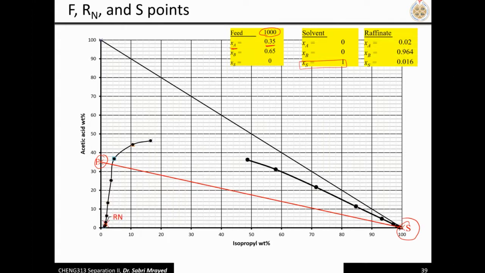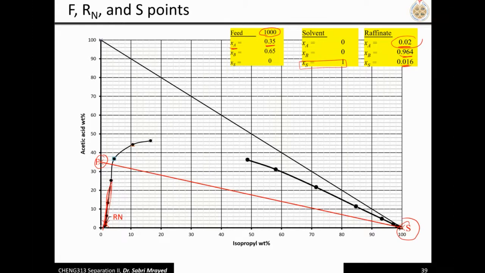Okay. Now the raffinate is given as 0.09. Now you might ask yourself why we get this 0.964 and 0.016. Simply because it's given as 0.09, but you know it is at equilibrium, so it has to go through this line.